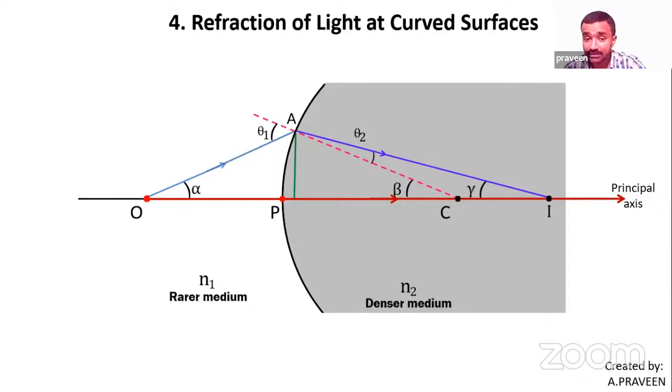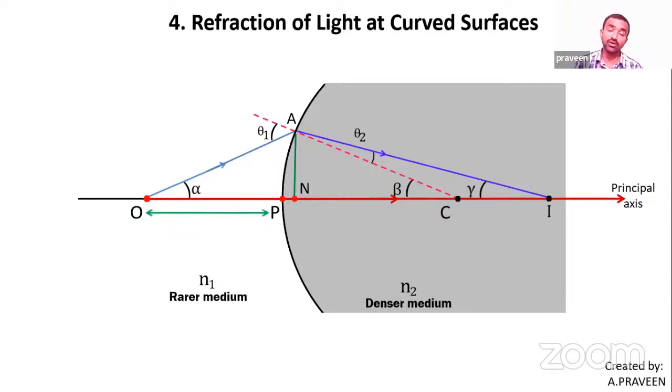I notice that the point where the perpendicular line drawn from A meets the principal axis is taken as N. So almost all the information we have here: rarer medium, denser medium, angles and right-angled triangles, etc.